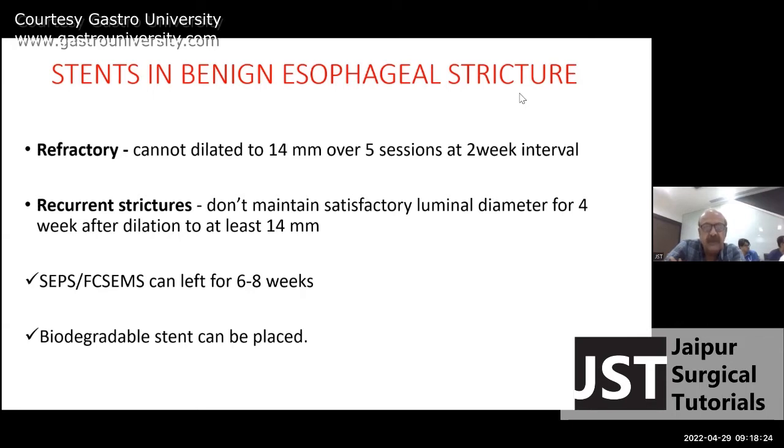Recurrent strictures don't maintain the luminal diameter for 4 weeks after dilatation of at least 14 millimeter. So these are the indications where we can use a fully covered stent or a plastic stent which may be left for 6 to 8 weeks. Biodegradable stent, again, that's also a choice with the added advantage that you may not require another endoscopic procedure to remove the stent after 6 to 8 weeks.